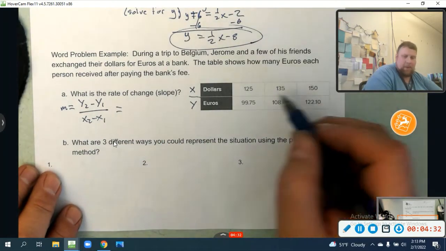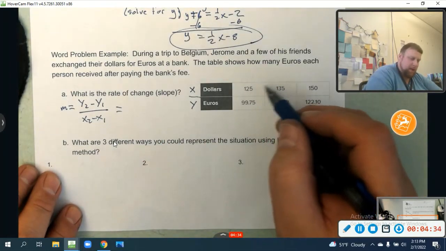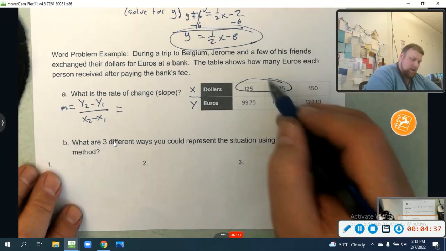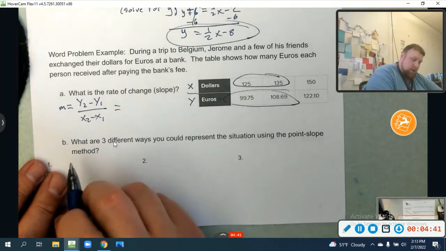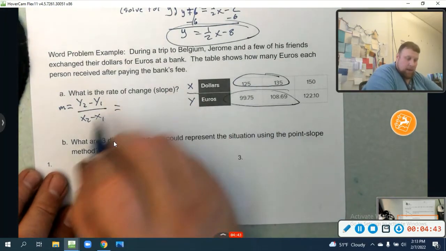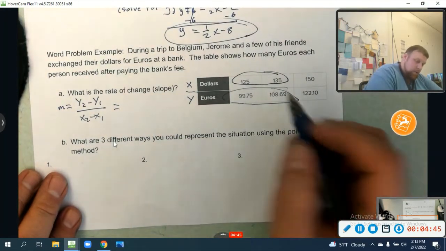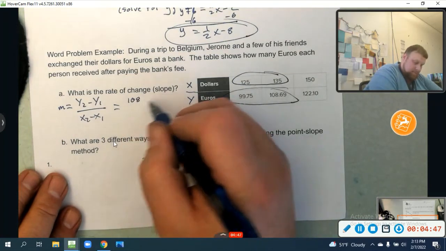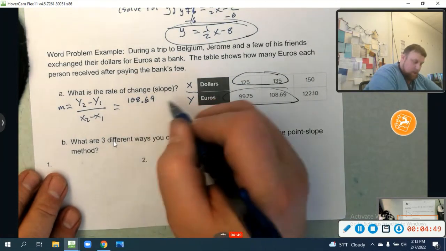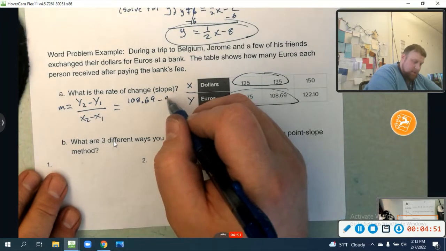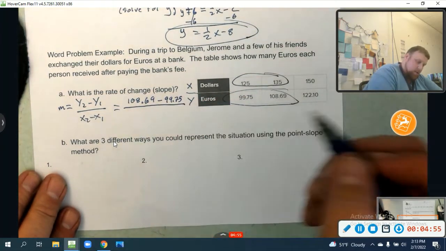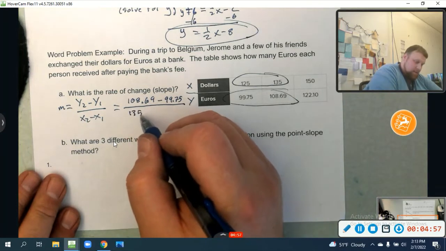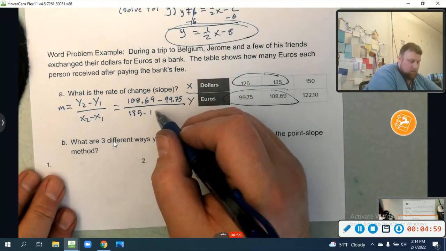It doesn't matter which 2 points you pick, but I'm going to pick these x values and these y values. So I'm going to start out with my 108.69 subtract 99.75, all over my 135 minus 125.